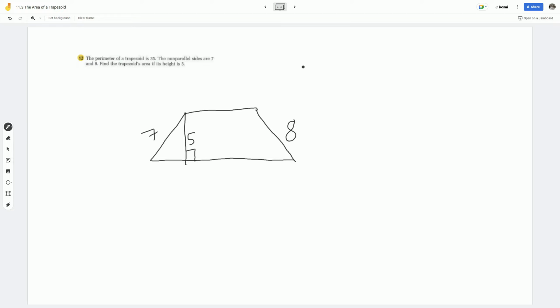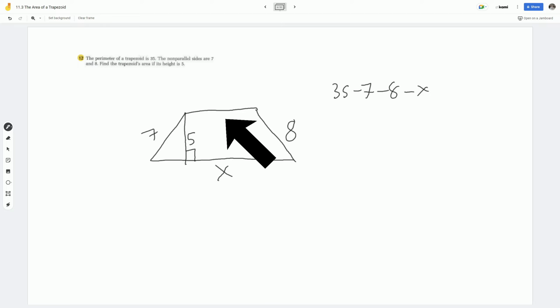What we can do is similar to something we did in 11.2. We can label the sides using a single variable. So let's set this side to x. That means this side will have to be 35 minus 7 minus 8 minus x.